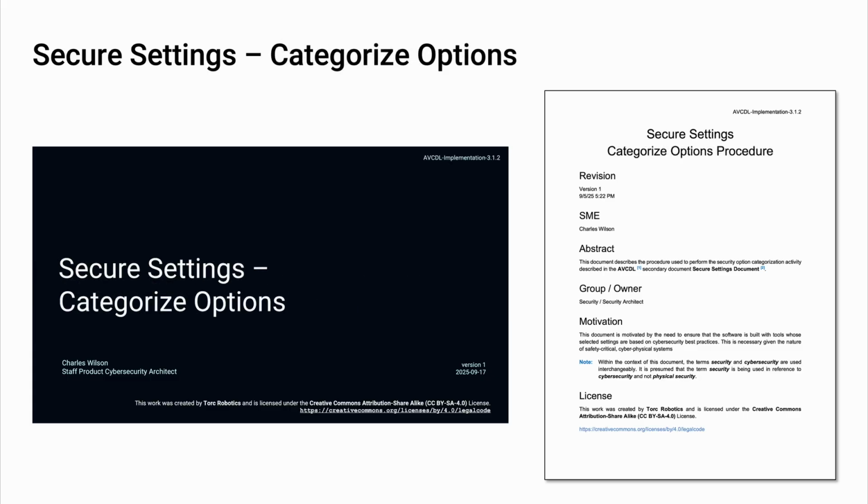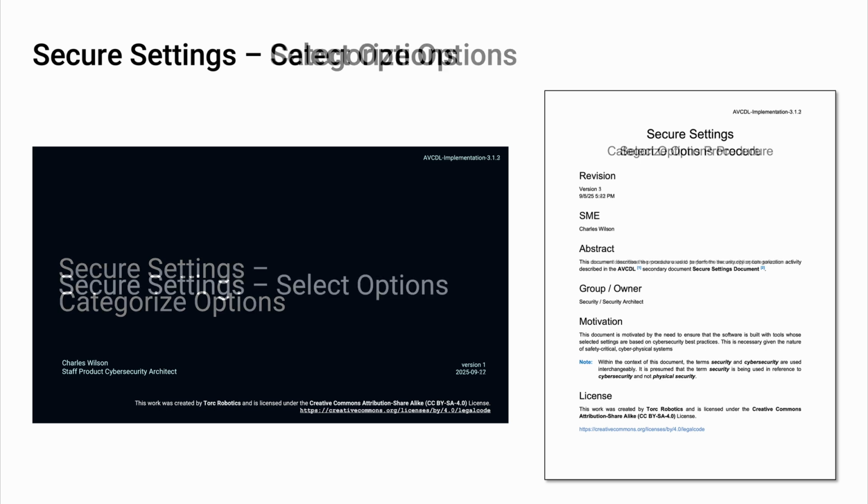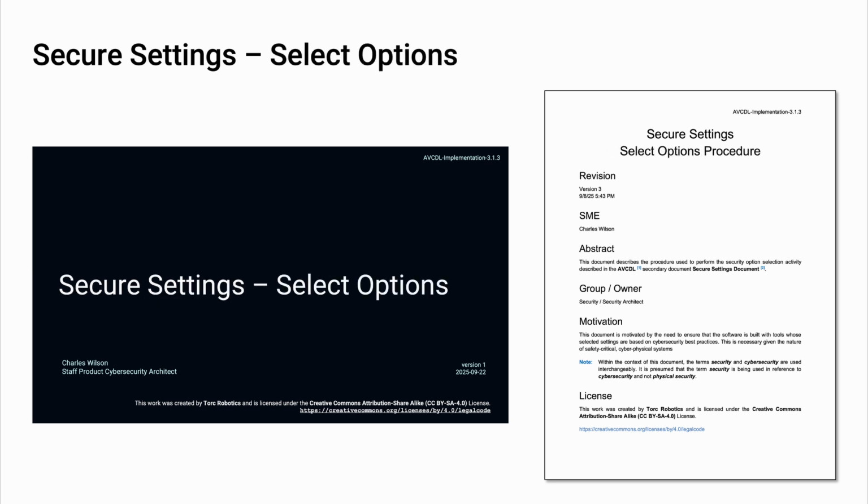The Secure Settings Categorize Options training goes along with the Secure Settings Categorize Options procedure. It extends the example from the Identify Options training and covers how one might create severity categories and categorize the identified options so that they can be processed later. The Secure Settings Select Options training goes along with the Secure Settings Select Options procedure.